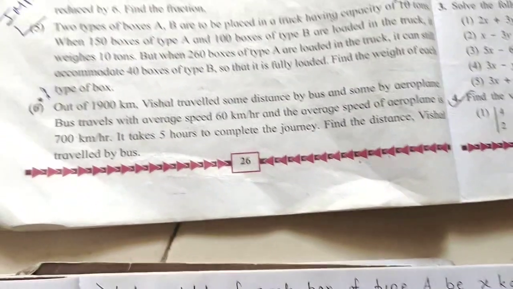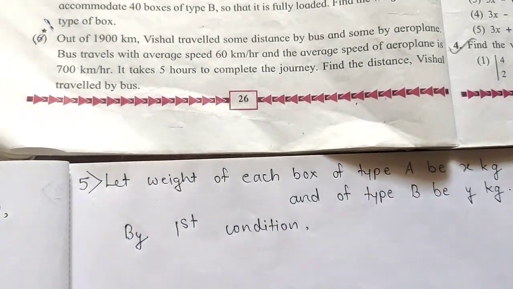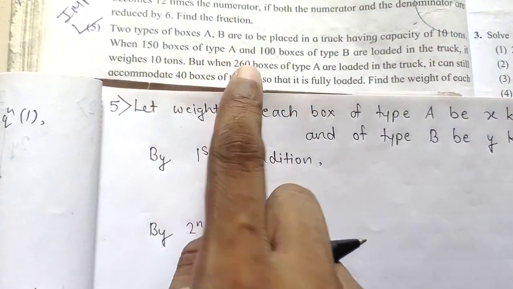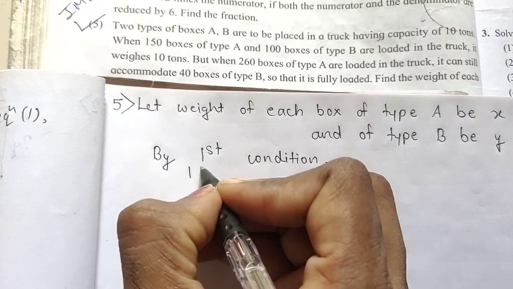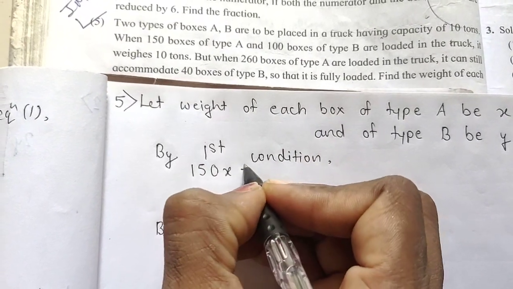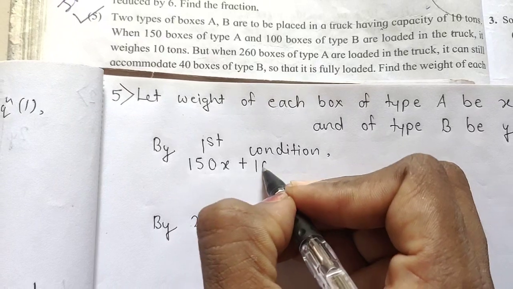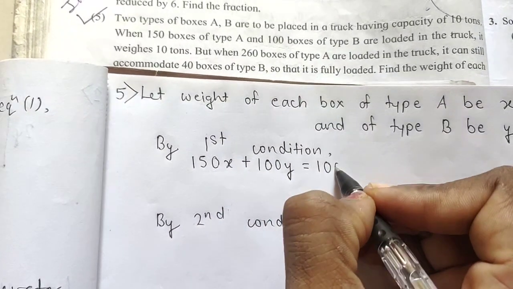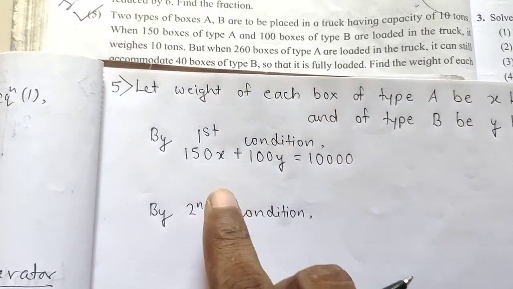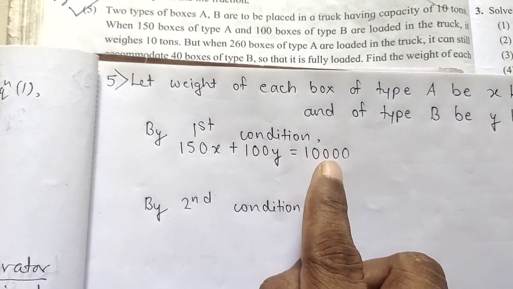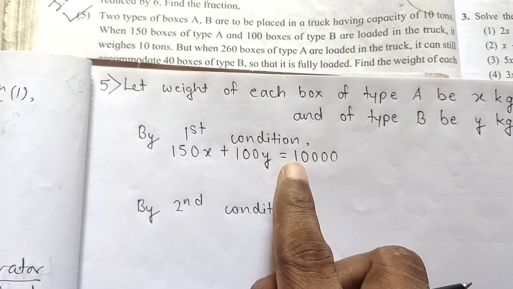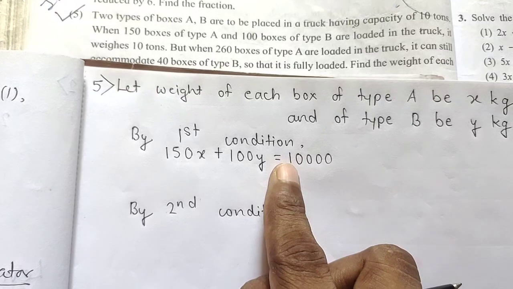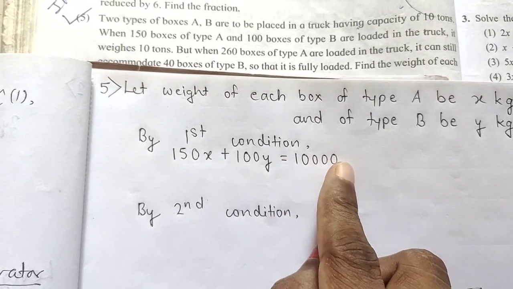So by this we can write our first equation: 150x plus 100 boxes of type B, that is 100y, gives you 10 ton. So 10 ton means what? 10,000 kg. See, this is kg, this is kg, so this also should be kg. So that is why I have written 10,000. We are not going to write 10 ton, we are going to write 10,000 kg, so 10,000 only.